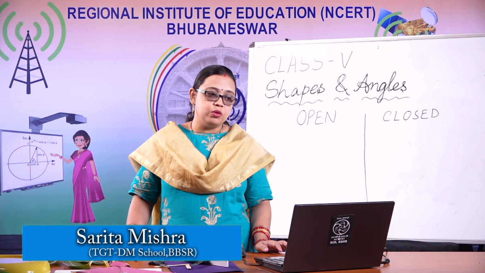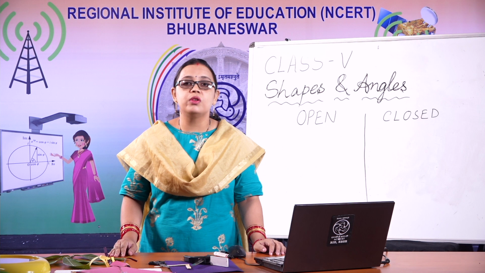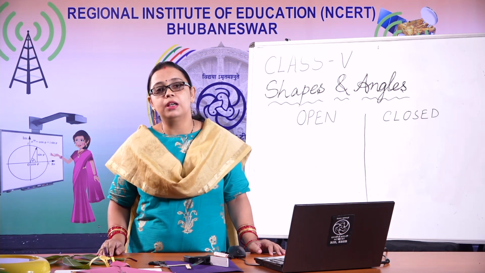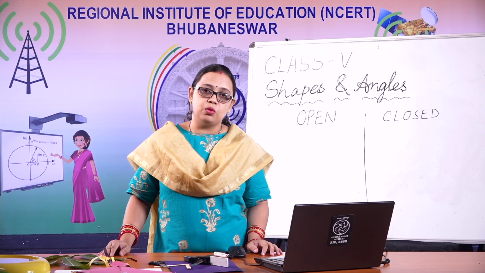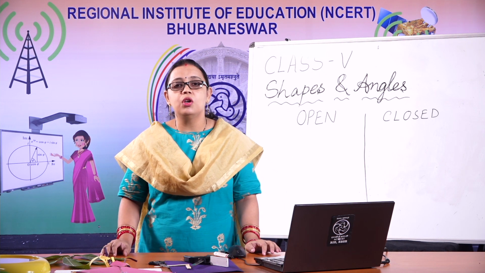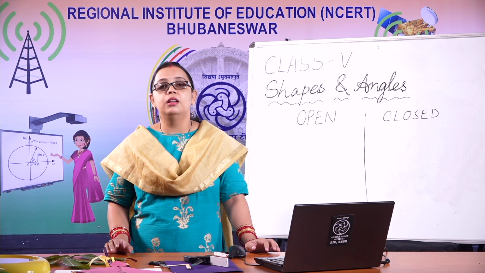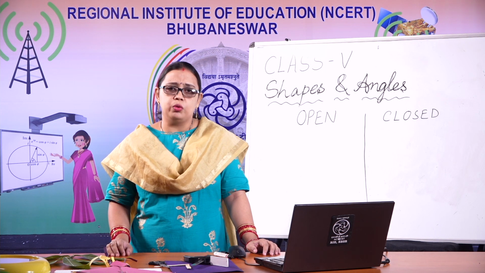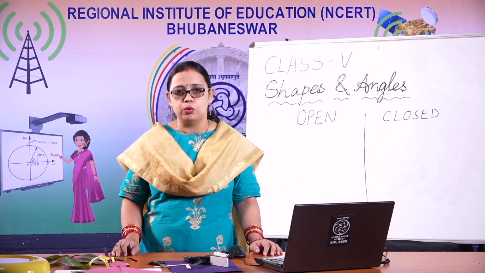Children, today we are going to learn shapes and angles, which is chapter 2 of class 5. From your lower classes only, you are acquainted with so many types of shapes, triangle, rectangle, etc. But do you know what are open shapes and what are closed shapes?